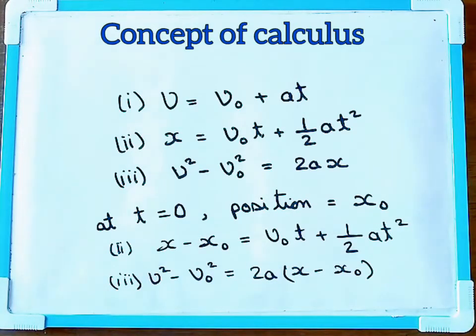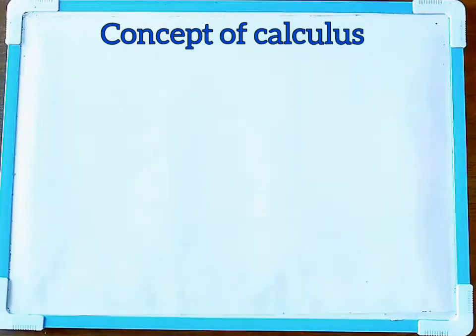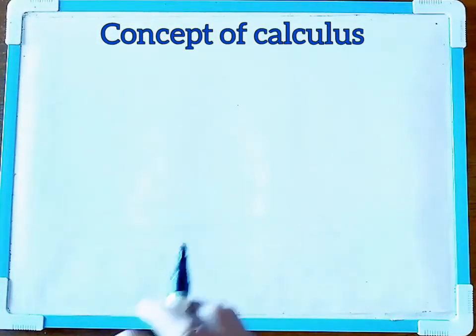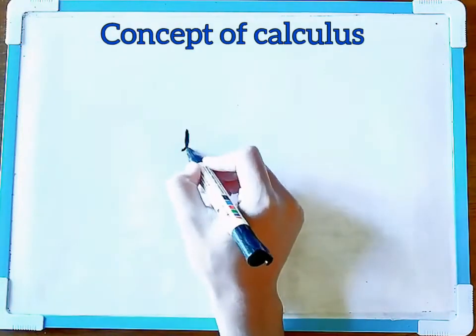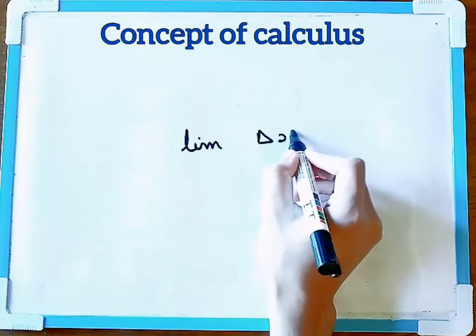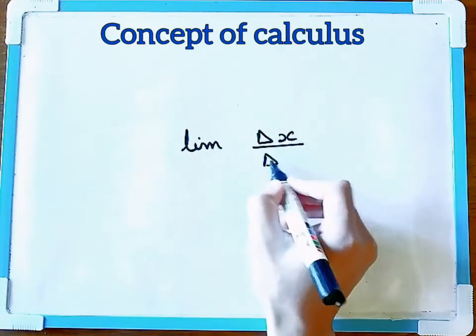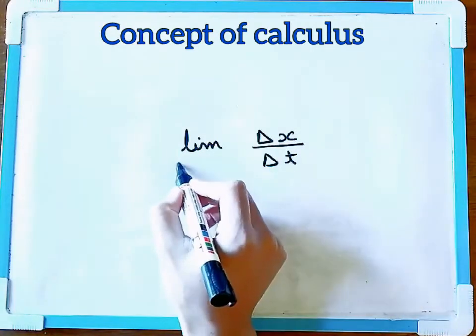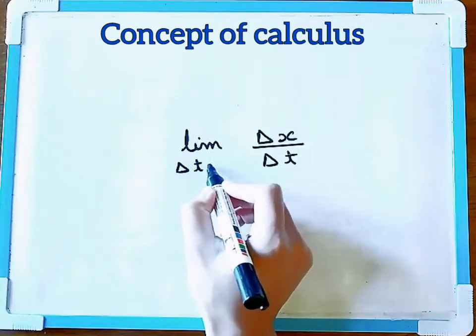Now we have defined instantaneous velocity before. The instantaneous velocity is defined as the limit of the average velocity, which is delta x by delta t, as the time interval tends to 0.